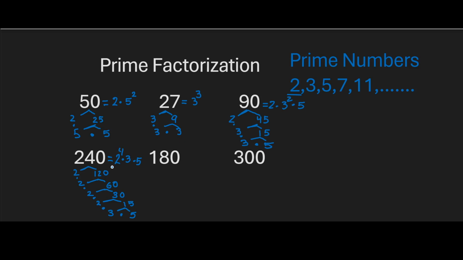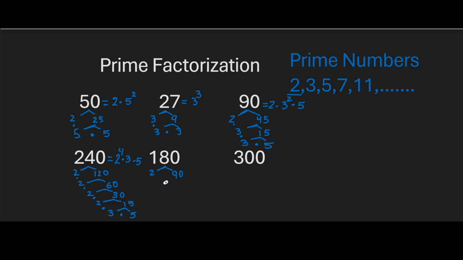Okay. Now that we finished this one, let's work with the next one, which is going to be 180. So one more time, I'm going to start by dividing this by 2. 180 divided by 2, the answer should be 90.